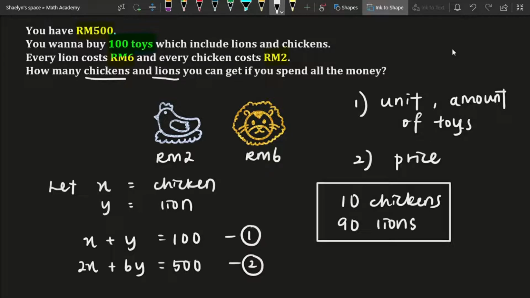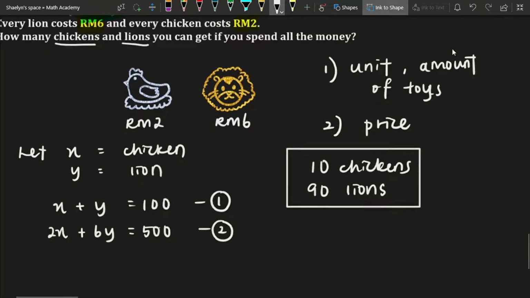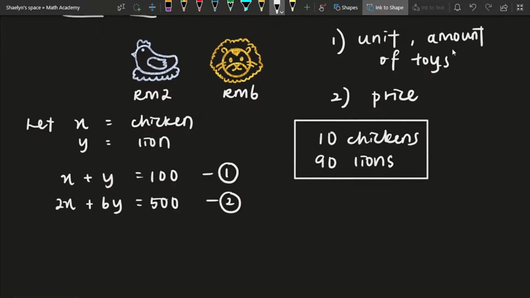So what do you mean if you buy 10 chickens? Since 1 chicken is 2 ringgit, then 10 chickens will be how much? It will be 10 times 2 ringgit, you will get 20 ringgit, right? So since we don't know what this number is, I'm just giving you a random number.